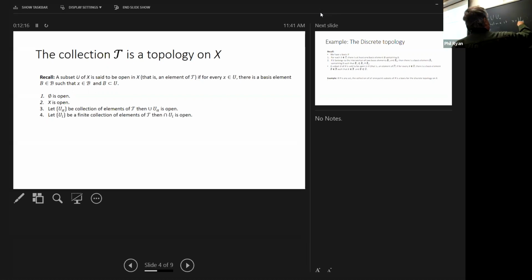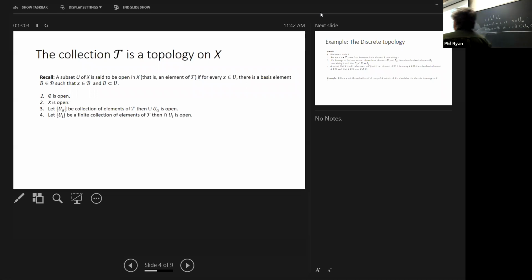But this is an open set, so there is a B such that X is in B, and that's contained within U alpha. But U alpha is contained within that union of all those sets. So that shows us that that union is open. That's all we had to do for that.